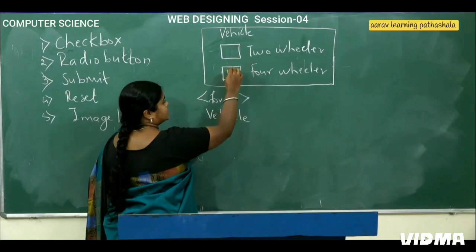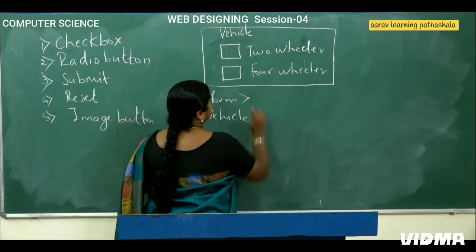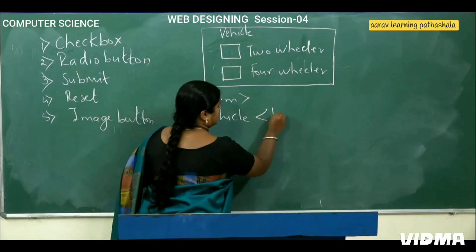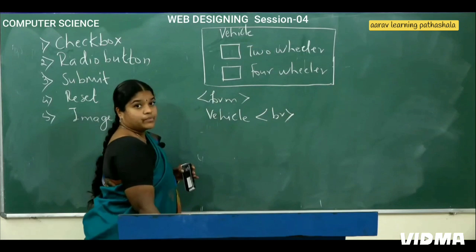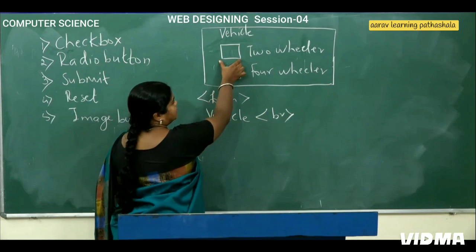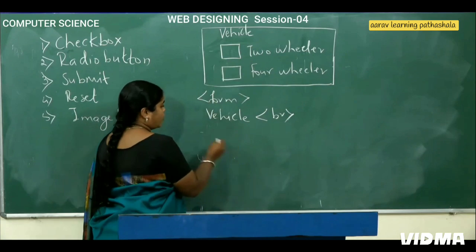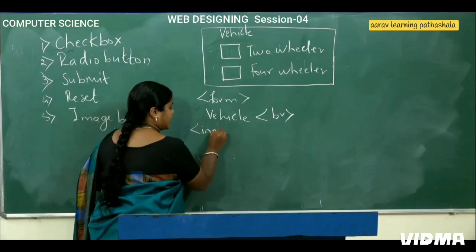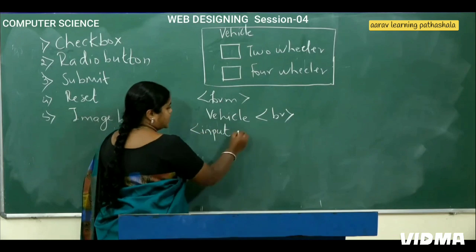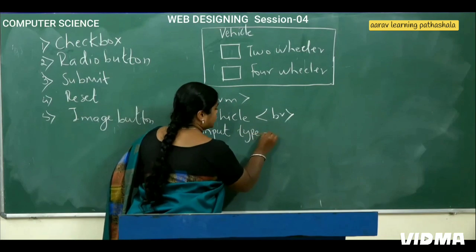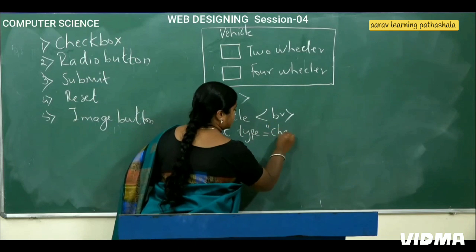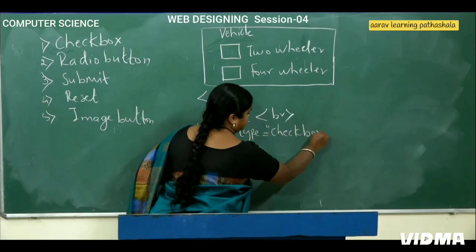After that, in the next line, this control has to be displayed. So we are going to take BR tag. Then we need this particular checkbox. So for that, we are going to write the tag input. Input type is equal to, inside the double quote, checkbox.